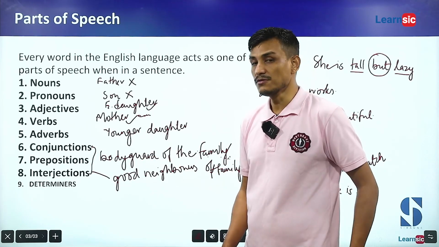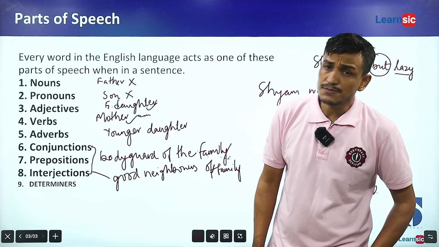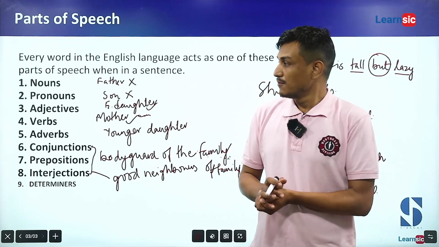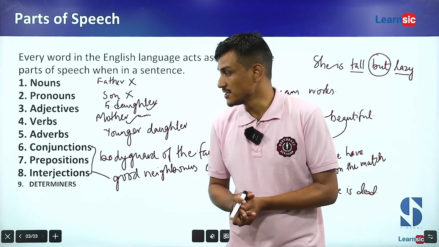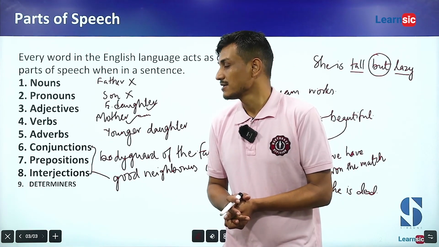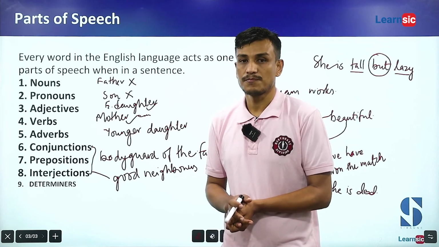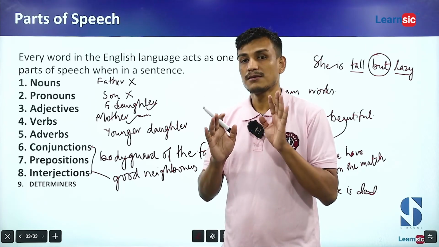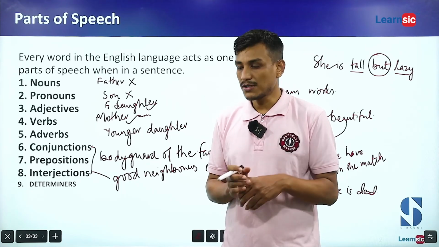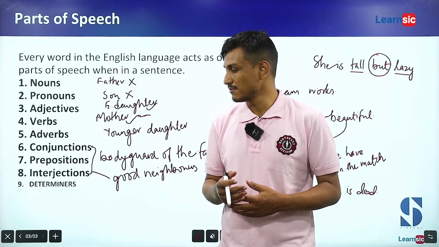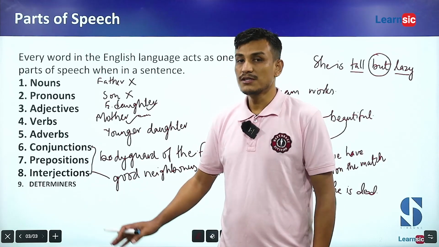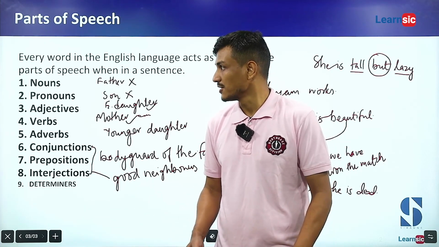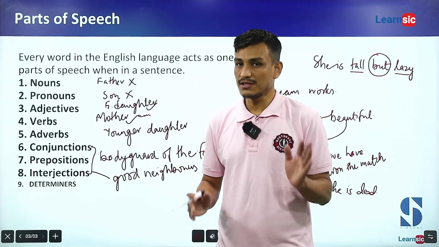Now let me take you to determiners. As per traditional grammar, we see the parts of speech being listed as 8 in number. According to traditional grammar, there are 8 parts of speech. But what we generally find in modern grammar is that determiners as well come under the category of parts of speech.